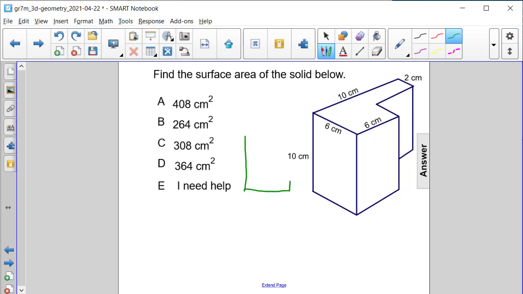So one base kind of looks like this. And then there's a rectangle below it. That would actually be this one. And then we've got another one of these given below.